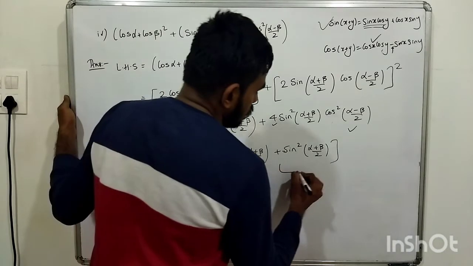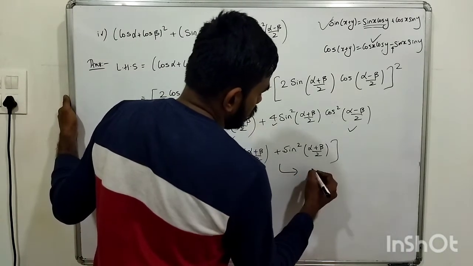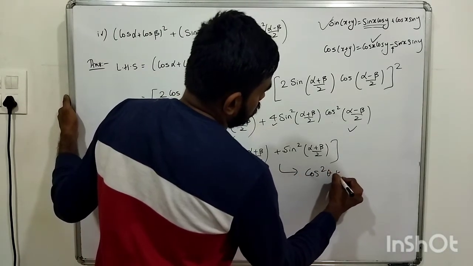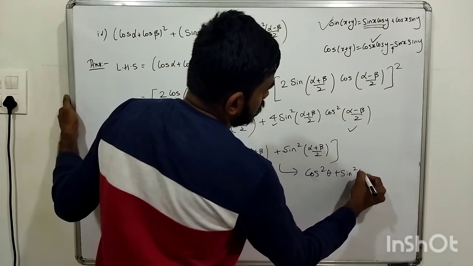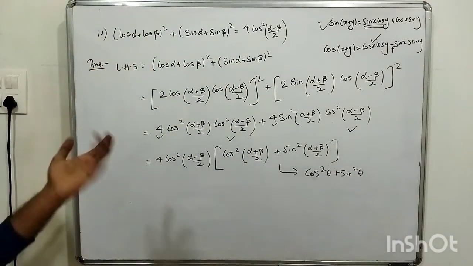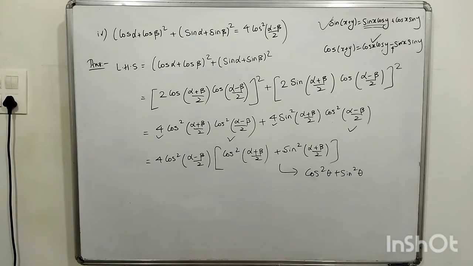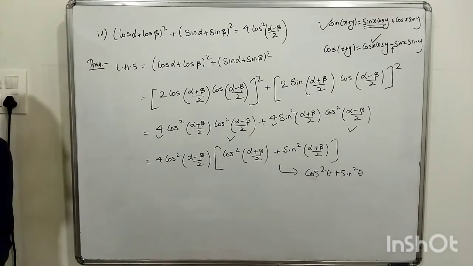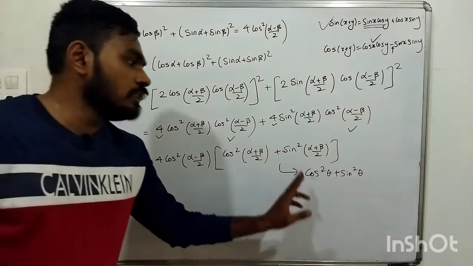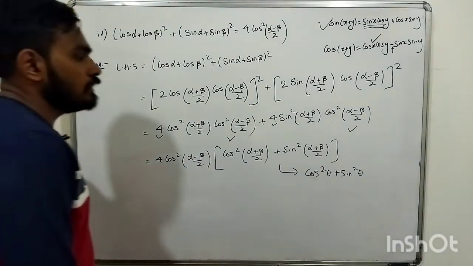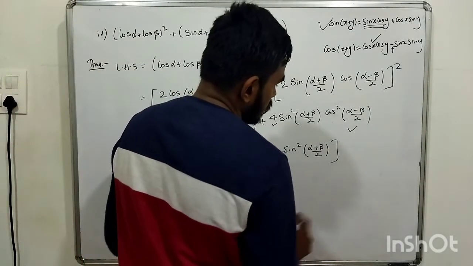It is like cos square theta plus sin square theta, so this is actually a trigonometric identity: sin square theta plus cos square theta is equal to 1. In 10th standard we learned these 3 identities. First identity: sin square theta plus cos square theta is equal to 1.